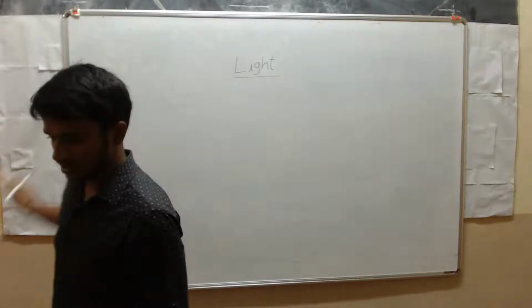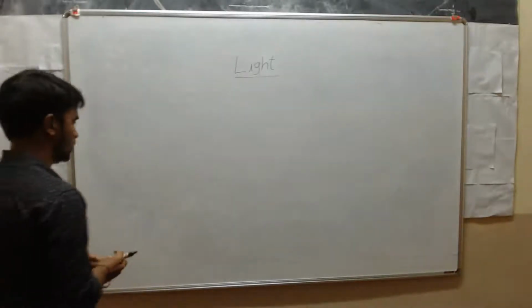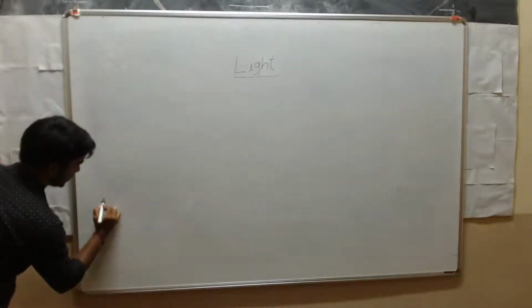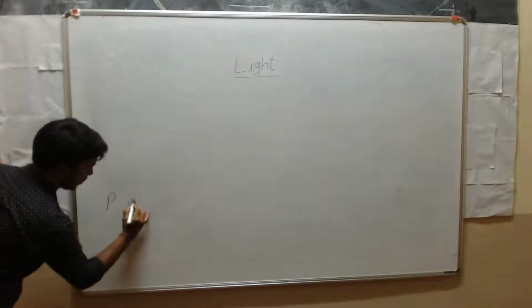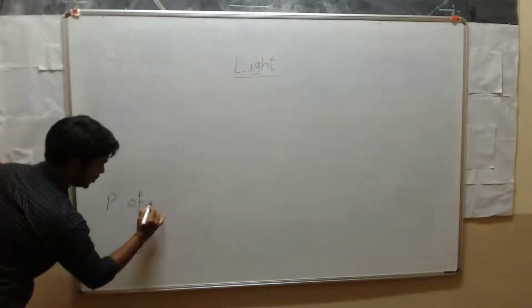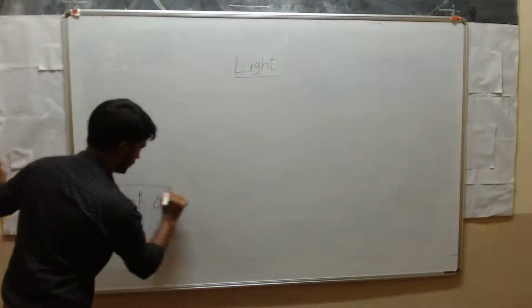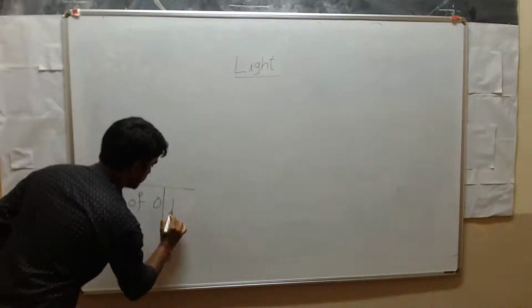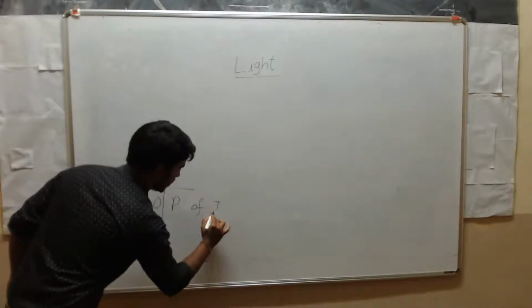So here also let us make one table. First, position of the object. Next, position of the image.